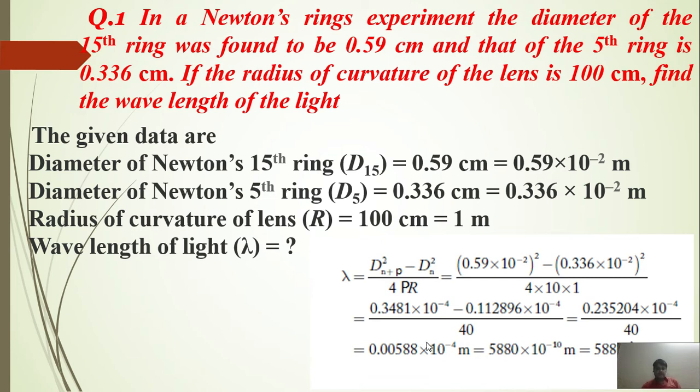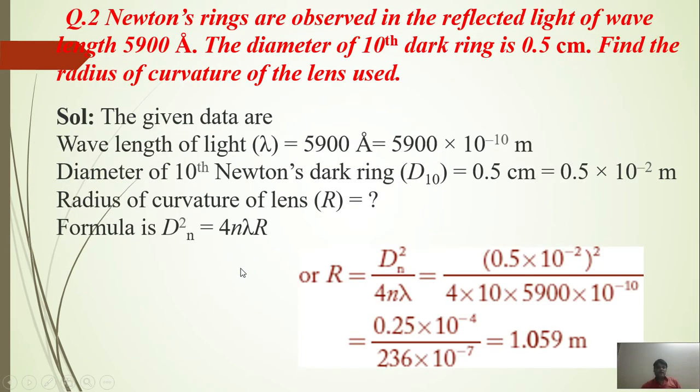Next, Newton's rings are observed in reflected light of wavelength 5900 Angstrom. Diameter of the 10th dark ring is 0.5 cm. Find the radius of curvature of the lens used. Is that clear?